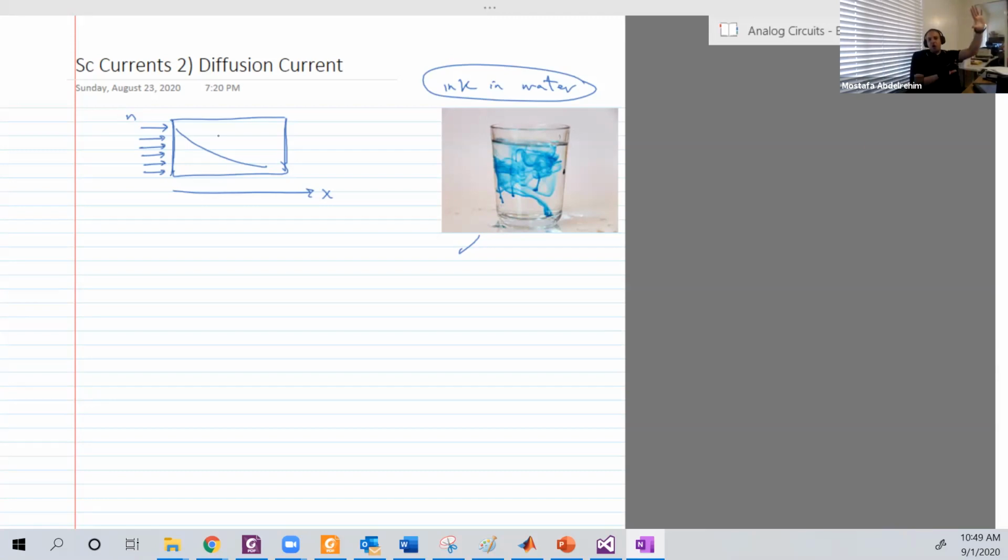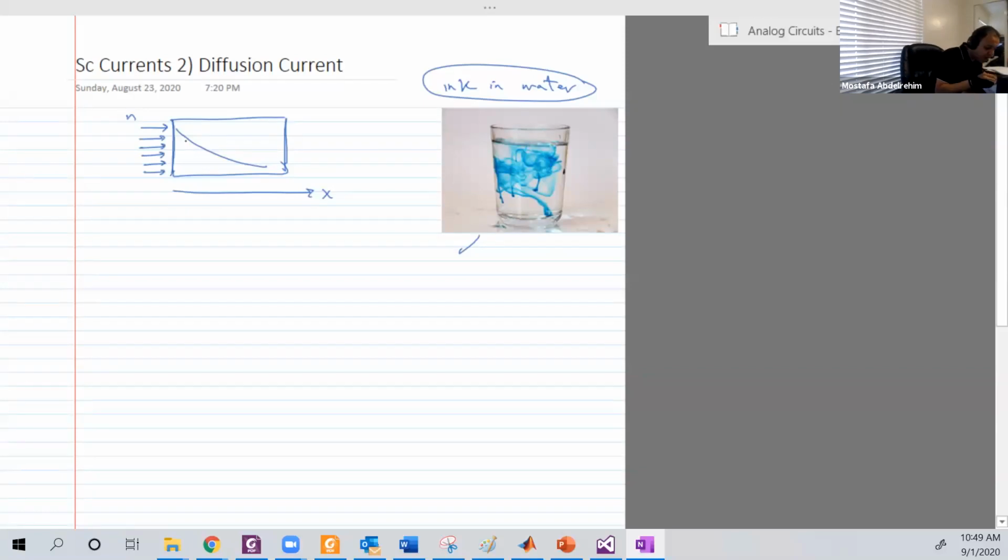Before, we always assumed that the electron density N or B, the hole density, is uniform all over the silicon sample. But here it's not. Here we intentionally create a profile, not a uniform profile. So that the density of carriers at some point is different from another point.